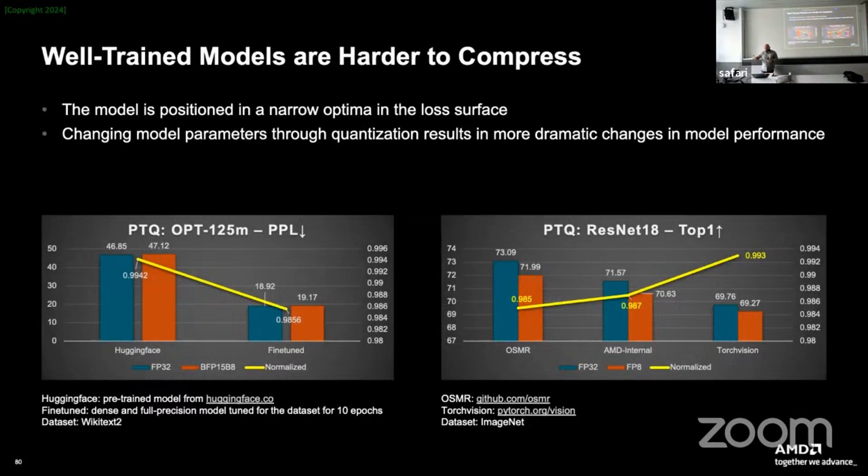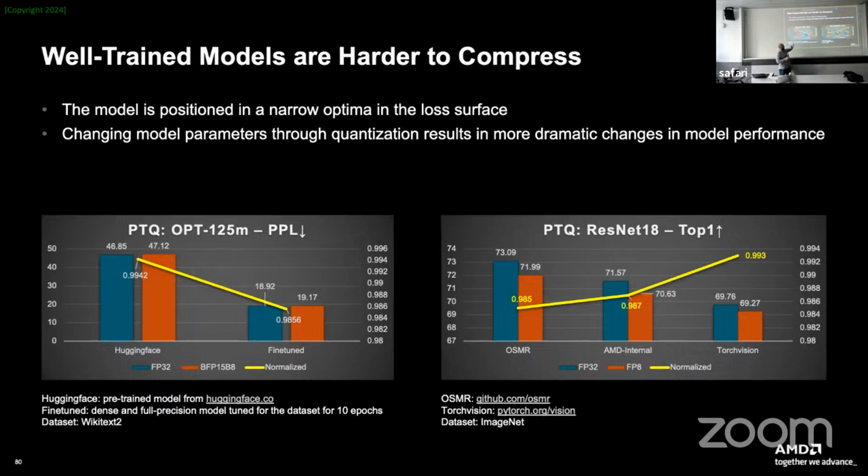The models that are being published year after year are getting better and better, meaning they're harder to quantize. I'm going to just go briefly between these two. This is Hugging Face. We download the model, we fine-tune it for Wikitext2. The fine-tuned model, which works better for this particular data type, is harder to quantize.